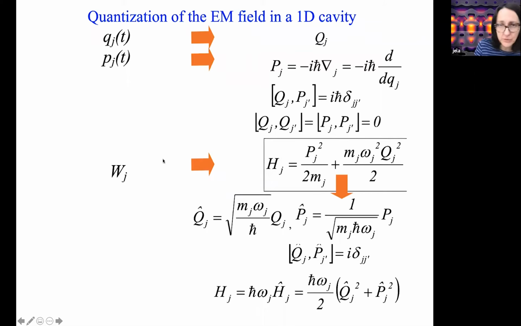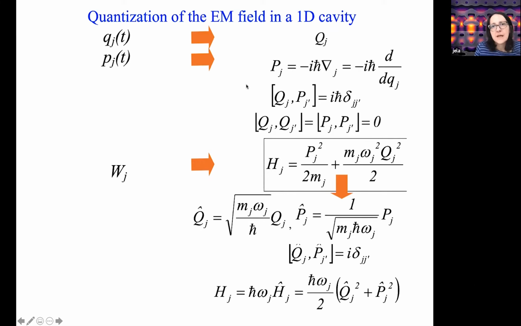For a 1D cavity, you just need to go back to the solution of the electromagnetic field and plug in the right types of operators. So here is your classical solution of the field. We had Qj of t, Pj of t, which describe the time dependence of the electric and magnetic field, and Wj, which is the energy.